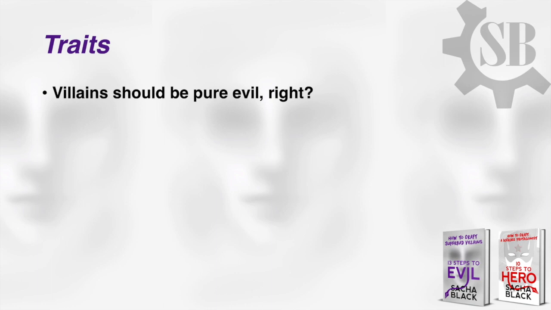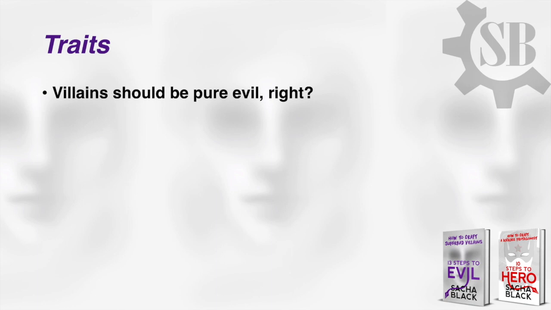But what do I mean by making your hero and villain a representation of your book's theme? Well, your hero and your villain are polar opposites of each other. So where your hero represents the theme, your villain ought to represent the anti-theme.